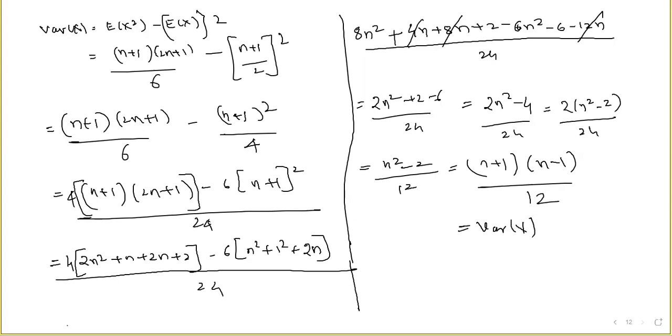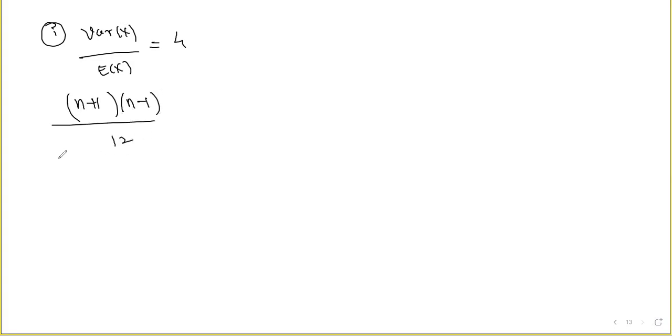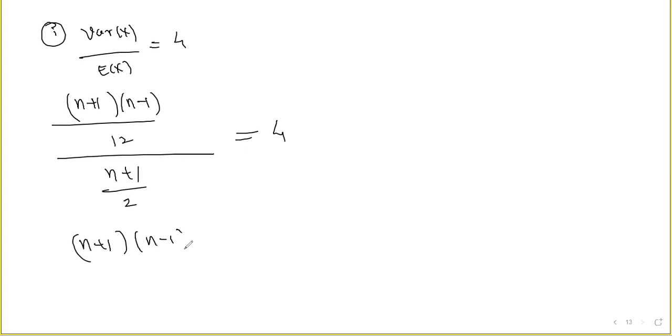Next, what is given in the question? They gave first the ratio: variance of x divided by expected value of x will be 4. What is the variance of x? We have n plus 1, n minus 1 divided by 12, whole divided by expected value of x, n plus 1 divided by 2, which is equal to 4. So this is n plus 1, n minus 1 by 12 into 2 by n plus 1, equal to 4.